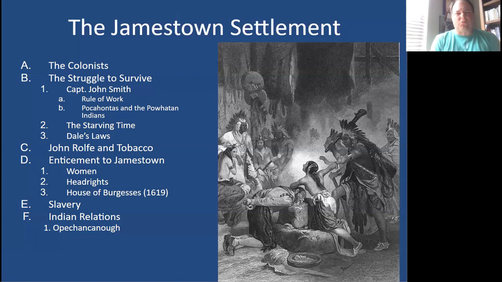But keep in mind the historical facts here. John Smith is a middle-aged man who has lived a very adventurous life in Europe. He's been involved in various religious wars of the 1500s and early 1600s in Europe. He's been all over Europe. He's seen a variety of people. He's been in prison in Turkey. He's already had an adventurous life.